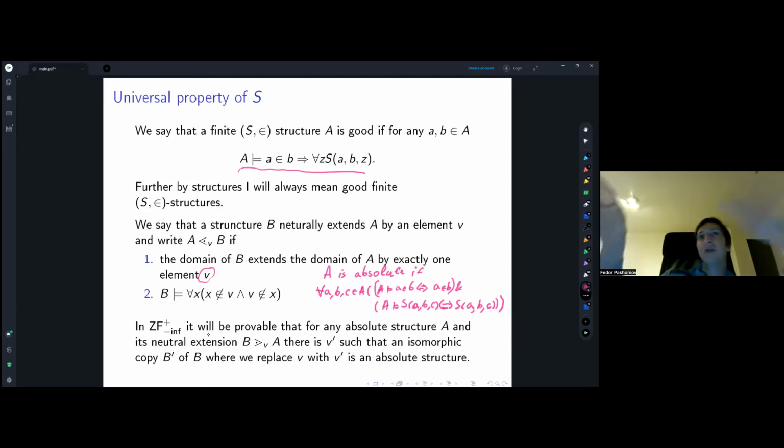If you have some finite fragment of your universe, and you could add some element to it, then whenever you add one element with any possible interpretation of S, this additional element is realized in some way in our universe. Also, this element should be membership independent from everything that we had before. This is basically what this talks about.